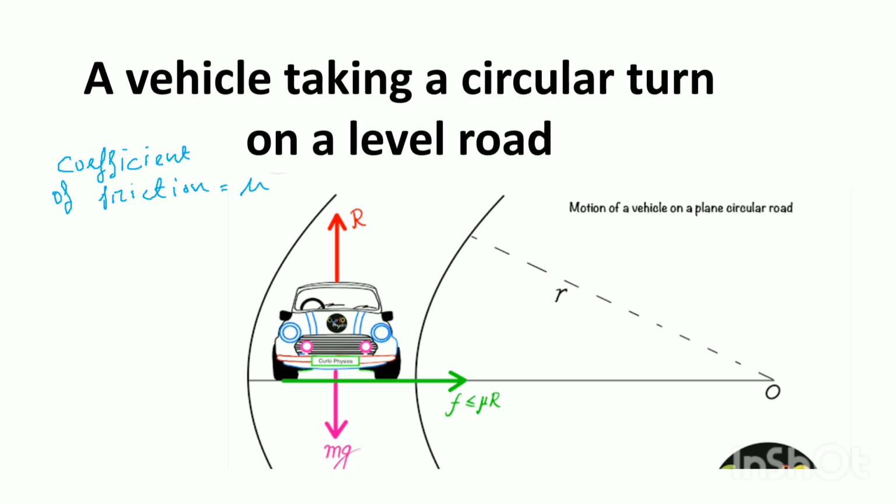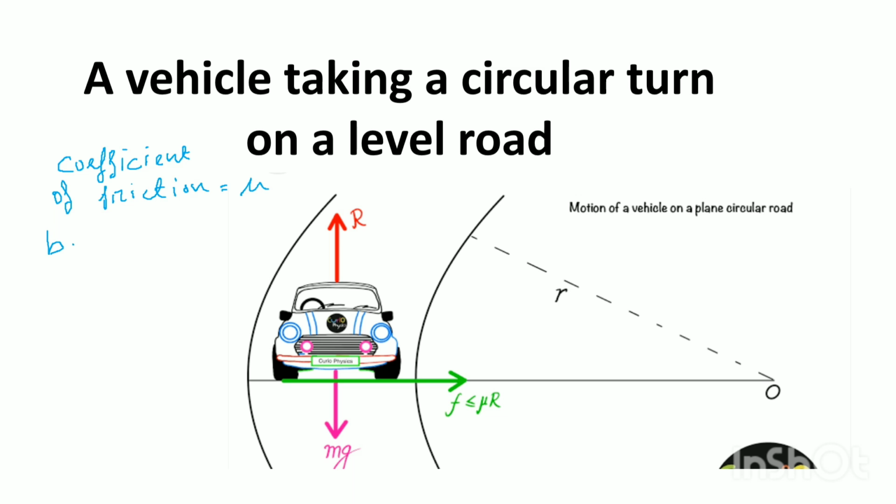Now friends, you have to remember a few facts here. Centrifugal force is a fictitious pseudo force, and its value is m omega square r. Another force is centripetal force.